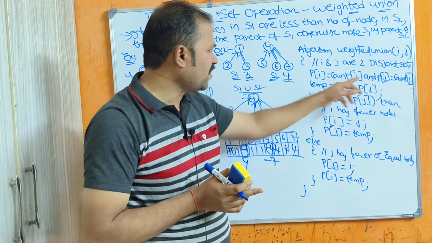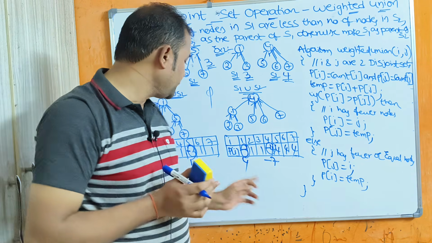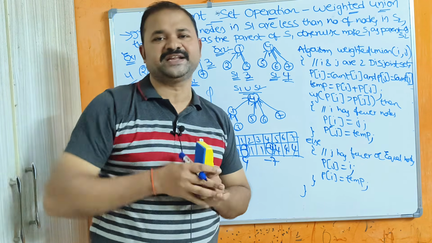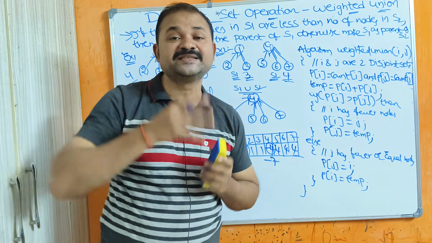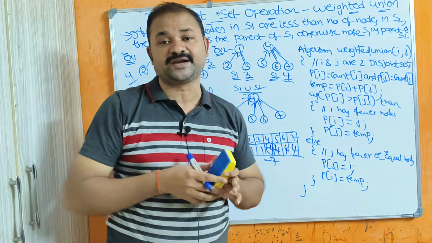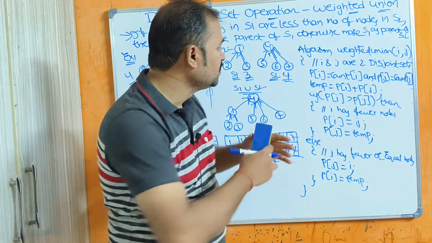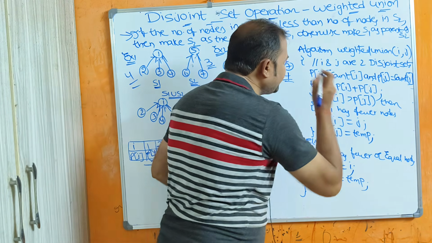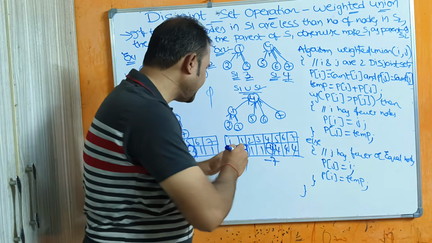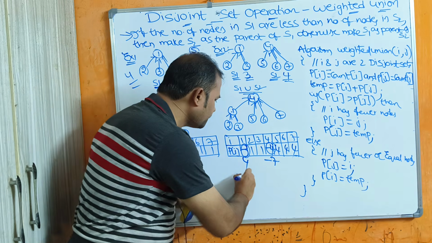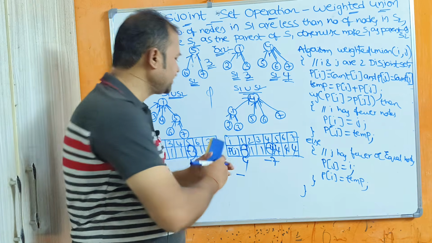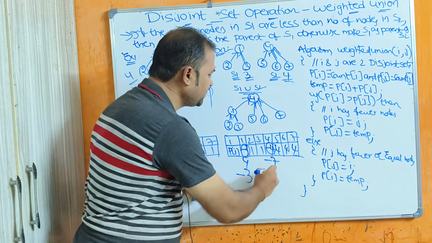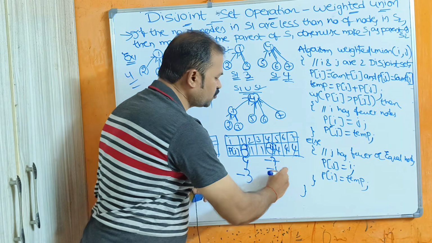Next, let us see what P of i and P of j are. P of i is nothing but the parent information. Initially that parent entry is nothing but the number of nodes present in the corresponding disjoint set or tree. So P of i equals minus count of i. If we take this one, P of 1 equals minus, so here we have how many nodes? 1, 2, 3. 3 nodes. Here we initially have 4 nodes.